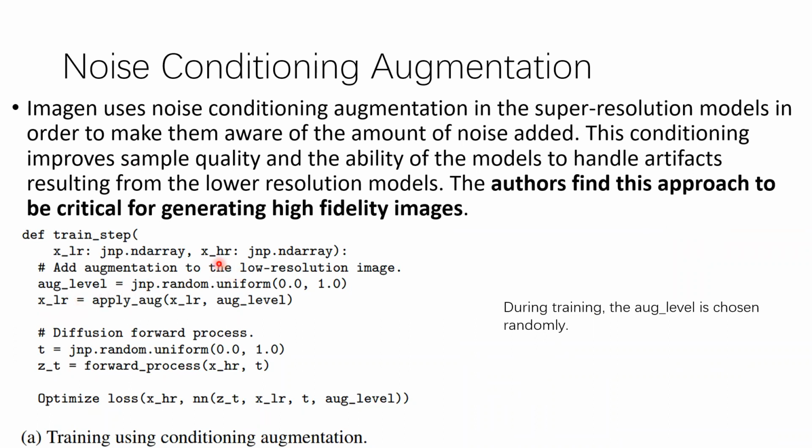Remember, the input is the high resolution X, XHR. The XLR is actually the conditioning, like the text tokens. So it's kind of like the C in classifier free guidance. Normally you won't add this noise to that, but they find adding this noise augmentation to this conditioning helps.